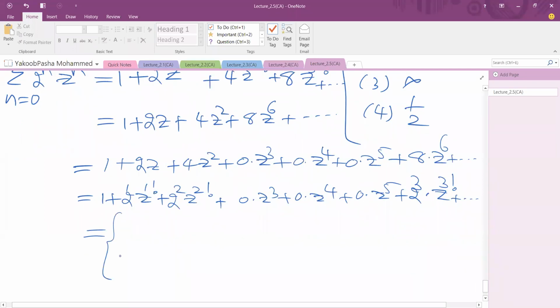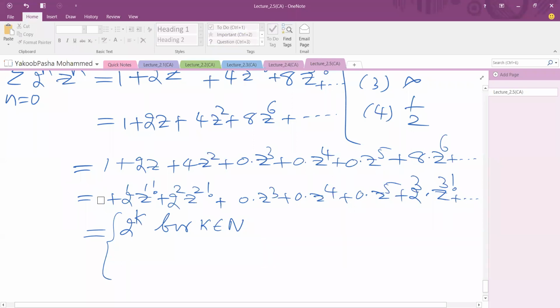First 2 power k, so 2 power 1, 2 power 2, 2 power 3 etc. This is 2 power 0 and so this is equal to 2 power k for k belongs to n, the set of natural numbers. Even if we take k equal to 0, here we can write 2 power 0.